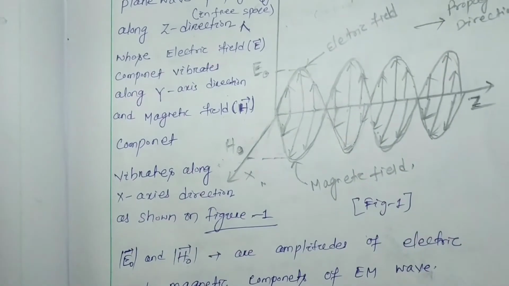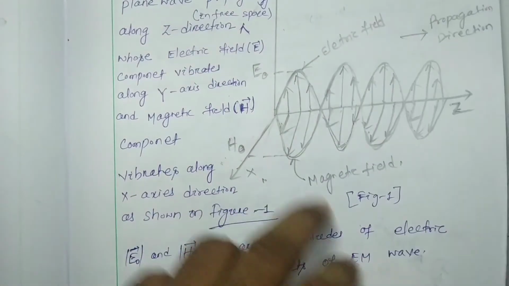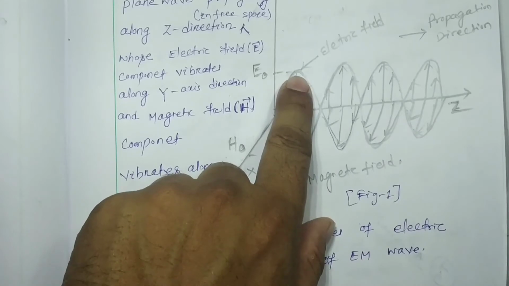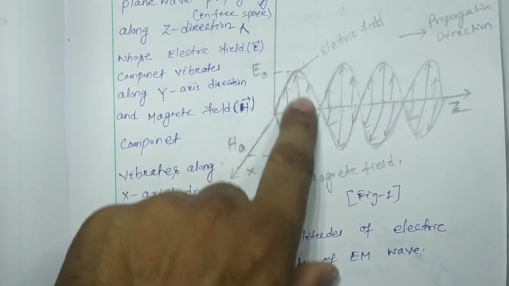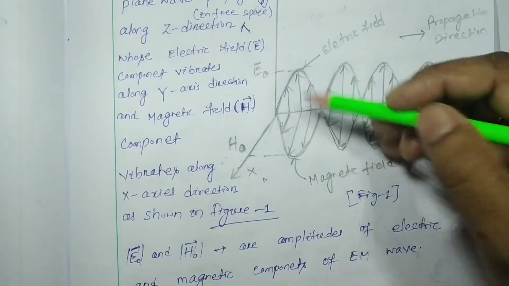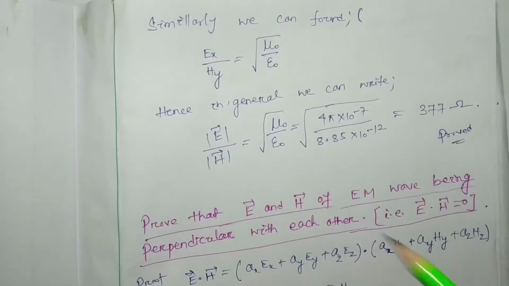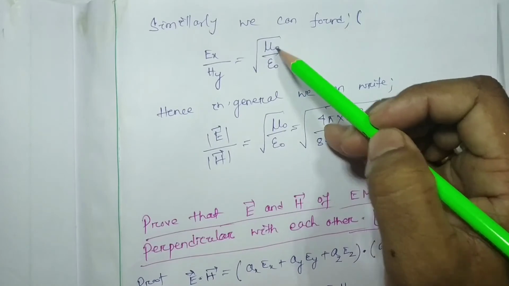If we consider it this way, that is, the electric component along the x-axis and the magnetic component along the y-axis, just reversed, then we find Ex by Hy will be equal to root over of mu 0 by epsilon 0.